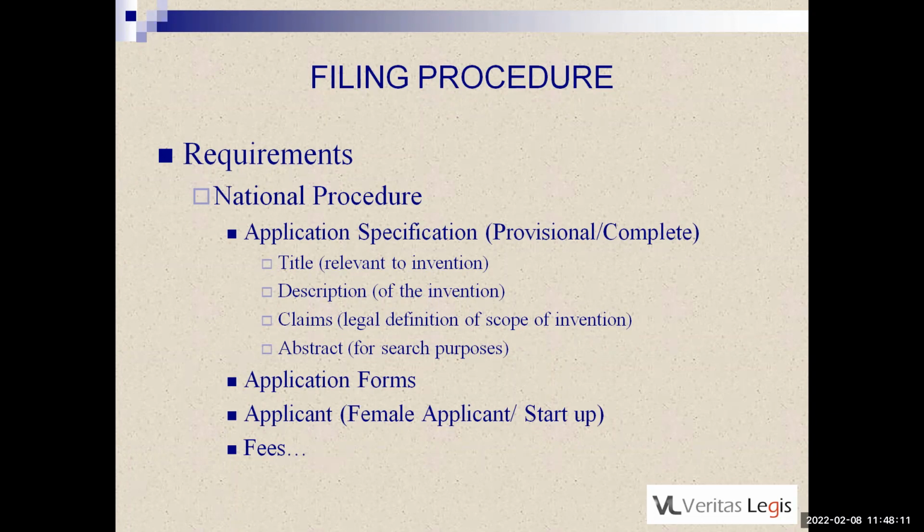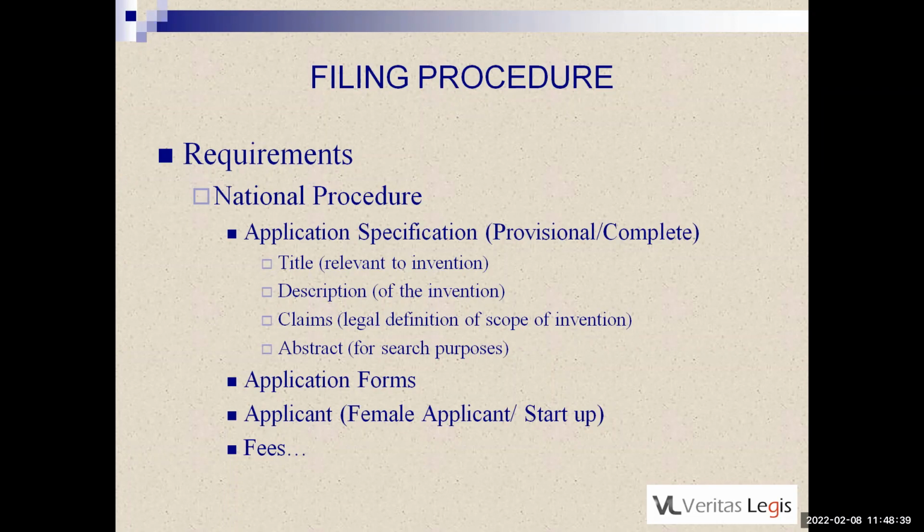If our heart stops functioning, then definitely no one can survive. So claims define the legal scope, the legal definition of the scope of invention. Invention claims are the most important part. Then the abstract is just a small, concise 150 words story of the invention.